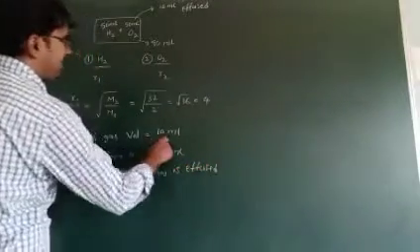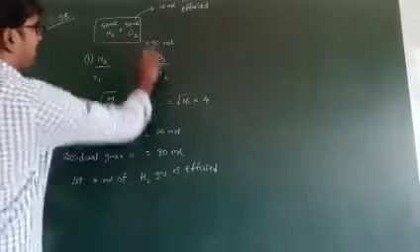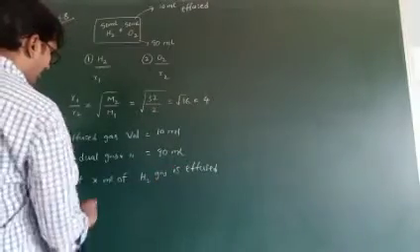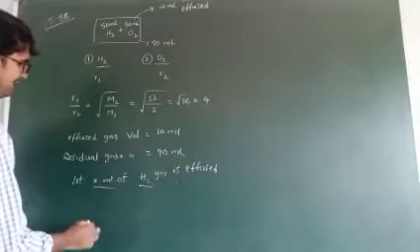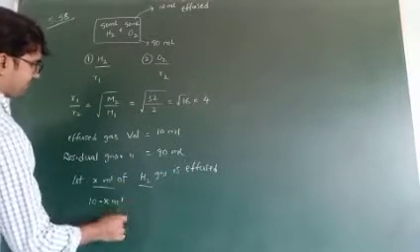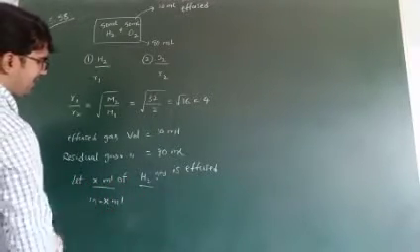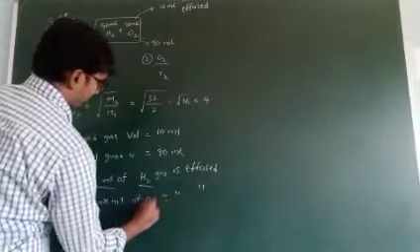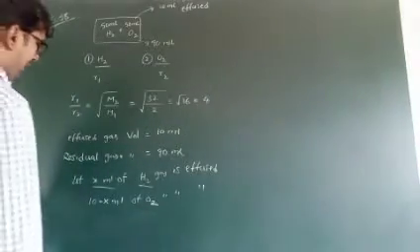Actually, total 10 ml is effused, going outside. Of course, it is a mixture, so in the 10 ml, both H2 and O2 gas are present. First, x ml of H2 gas is effused out. Then what is the remaining? 10 minus x ml. Total 10 ml, hydrogen is taken as x, then the remaining part, 10 minus x ml of O2 gas, is effused.